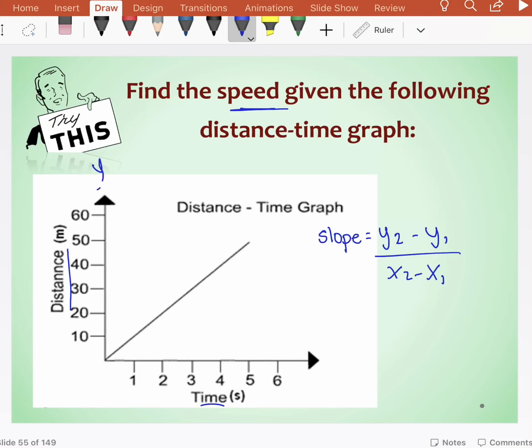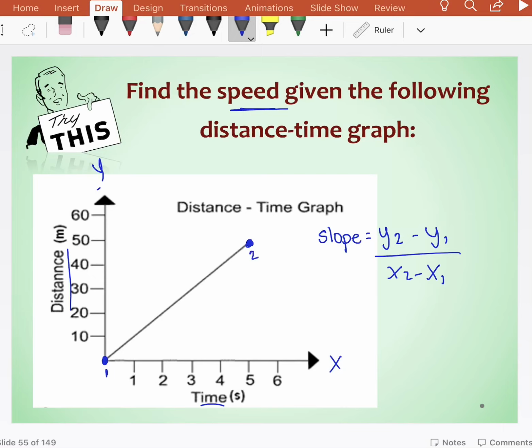Y referring to y-axis, x referring to x-axis, and 1 and 2 referring to the points I choose. I always like to choose my 0 point. It makes it a little bit easier if I can. And then I'll choose another point, often the one furthest away. So this is going to be point number 1, and this is point number 2.